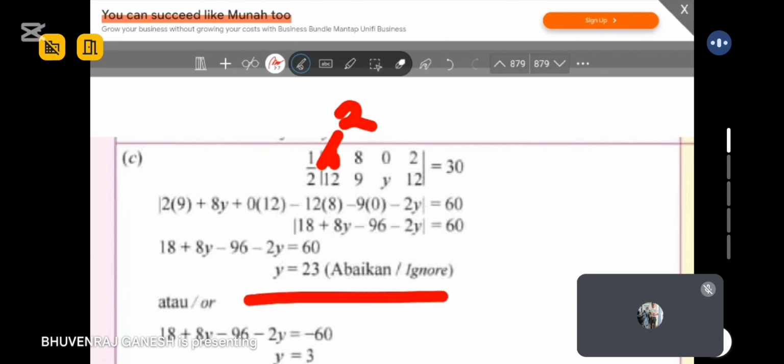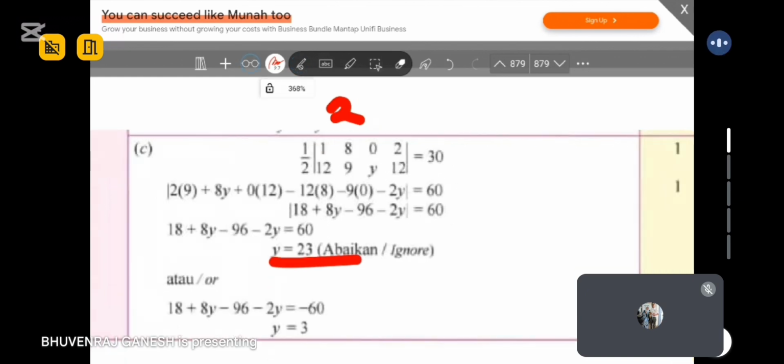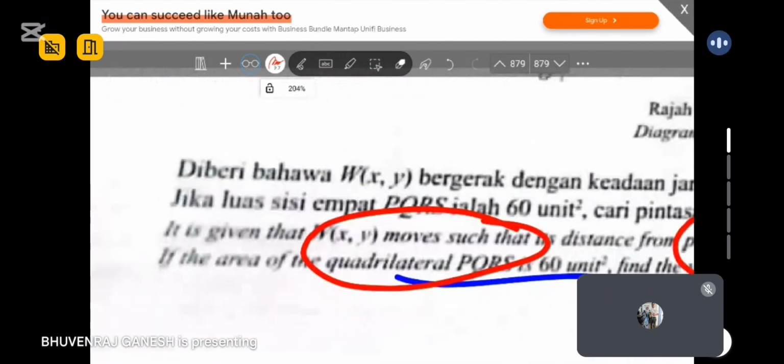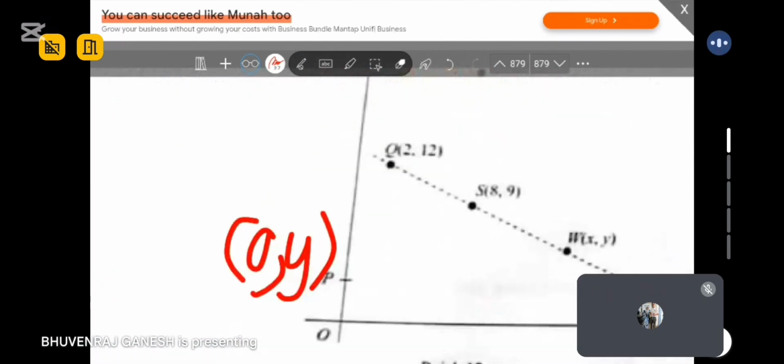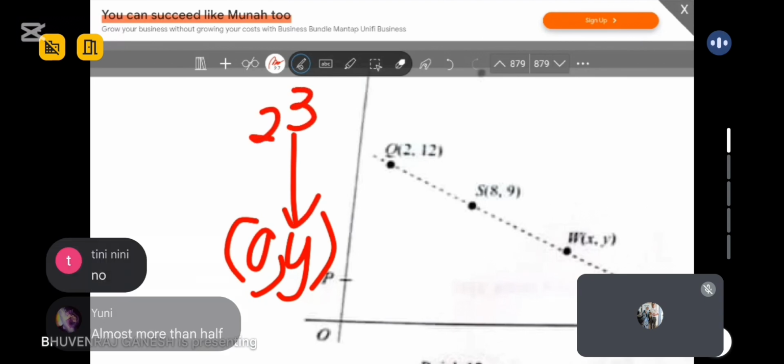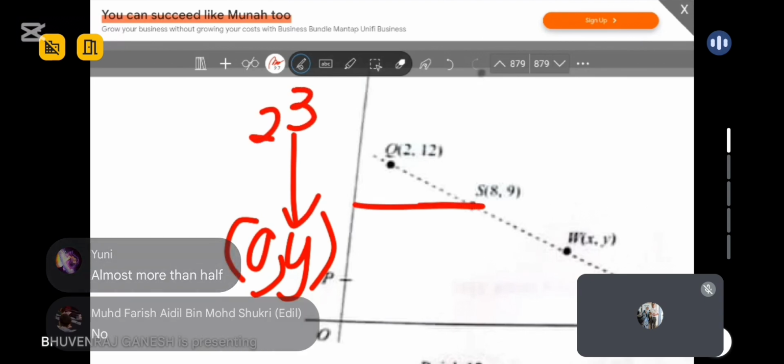Okay guys, may I know why y equals 23 I ignore? Kenapa 23 tak boleh? Kenapa 3 saja betul? Why is 23 rejected? So kamu kena lihat graph lah guys. So guys, logic or not? Y sama dengan 23 kat sini. Yes. 23 not logic. This one itself only 9 guys. Kat sini 9.